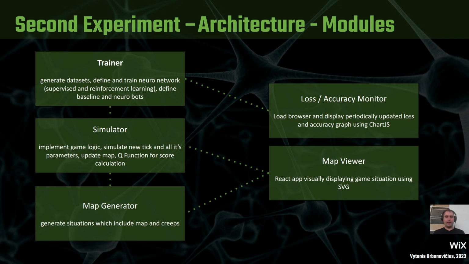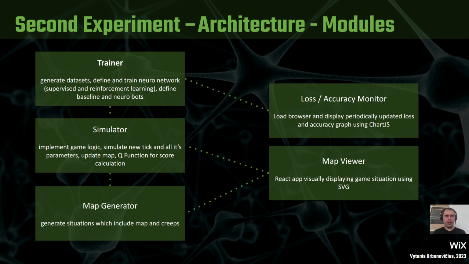Okay. And then I had 2 more modules for visualizing stuff. One was visualizing how my neural network was learning. I was plotting my loss function, and I could see some proof whether the neural network was learning or not.